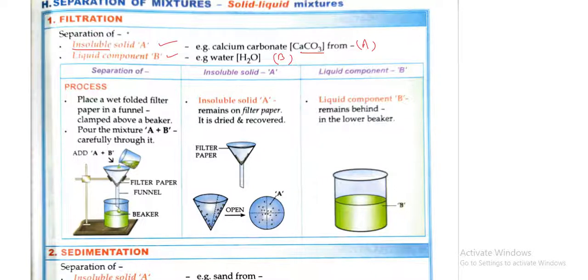We will filter the mixture by using a filter paper and a funnel. So what will happen? In the beaker, the liquid will pass through the filter paper, and the insoluble solid will remain on the filter paper. So like this we can separate solid and liquid both.